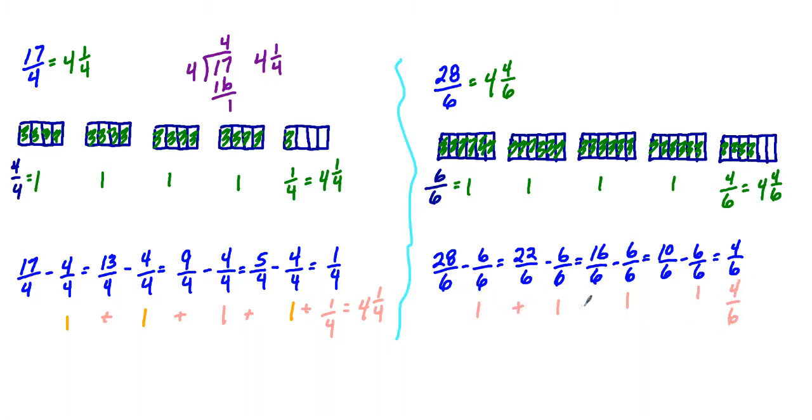If we add these together, 1 plus 1 is 2, plus 1 is 3, plus 1 is 4, and 4 sixths. I almost forgot the whole number 4 in doing this. 4 and 4 sixths. All right, we got confirmation.